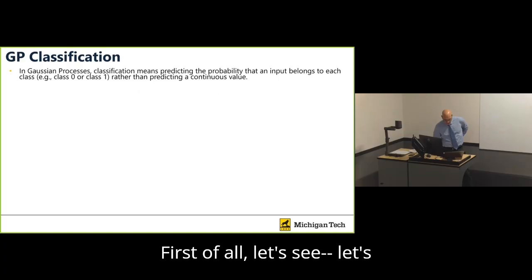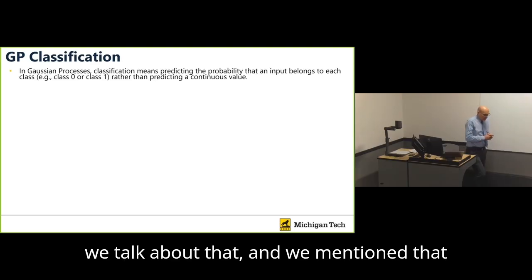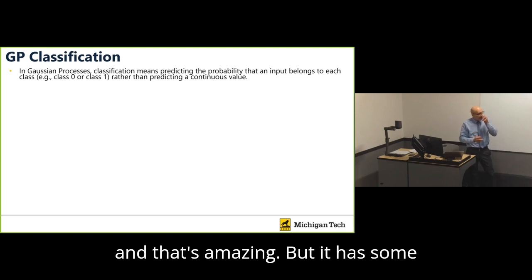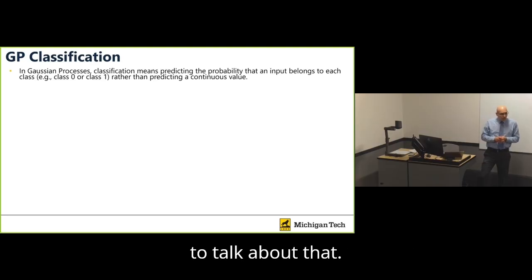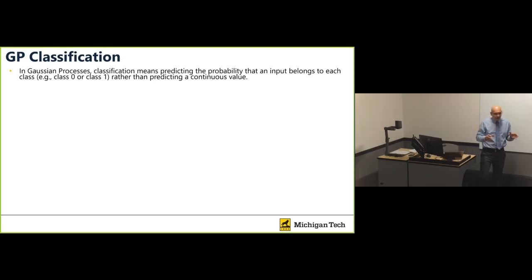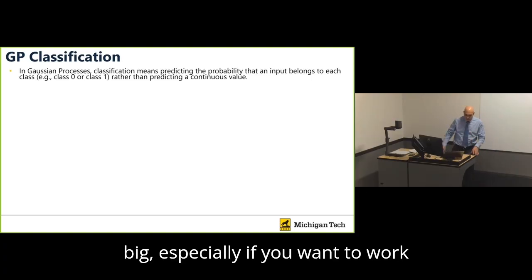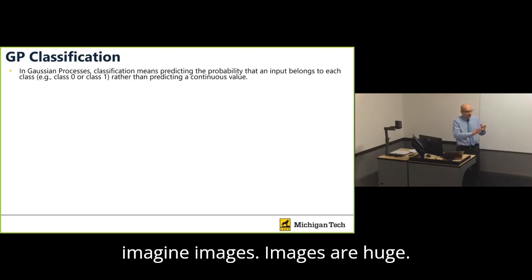First of all, let's finish this classification part in Gaussian process. We talked about Gaussian process and mentioned that it is another way to optimize a function, and that's amazing. But it has some drawbacks. One of the problems is that it is a little slow, because the computation is big, especially if you want to work with lots of training data, like images.